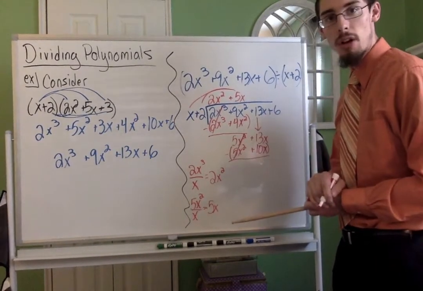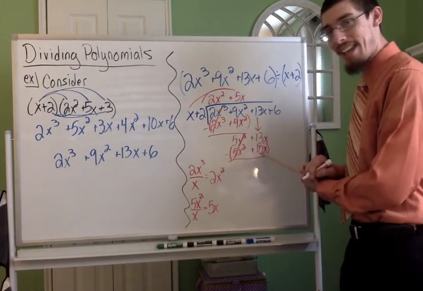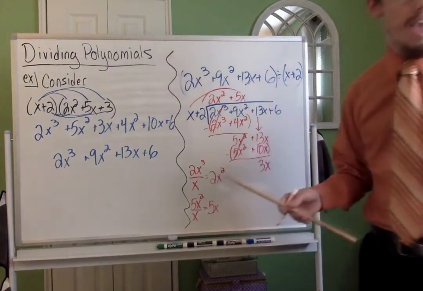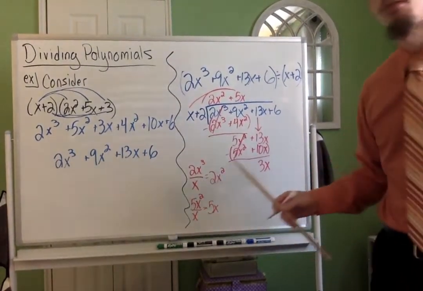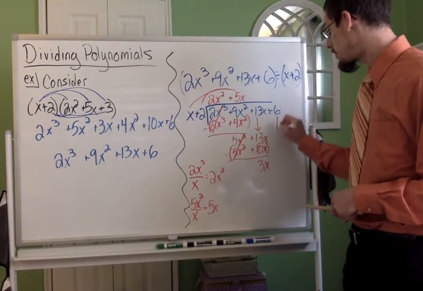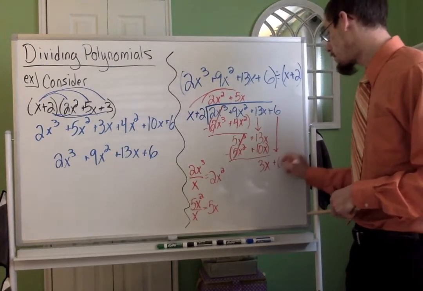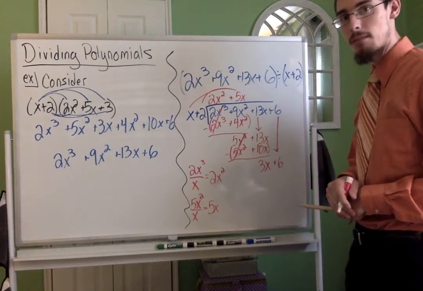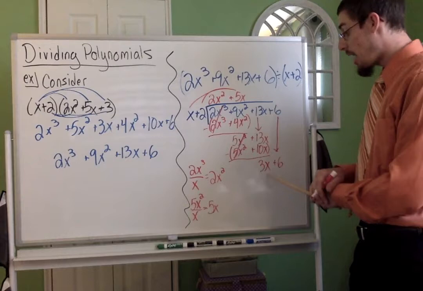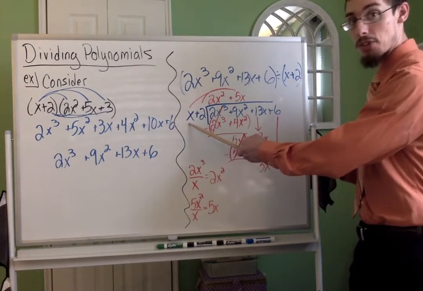Once again, that's going to cross out. 13 minus 10 is going to give me 3x. And after I have 3x, bring down the next term, plus 6. So 3x plus 6, I'm going to have to take the first term, 3x, divided by the first term, x.